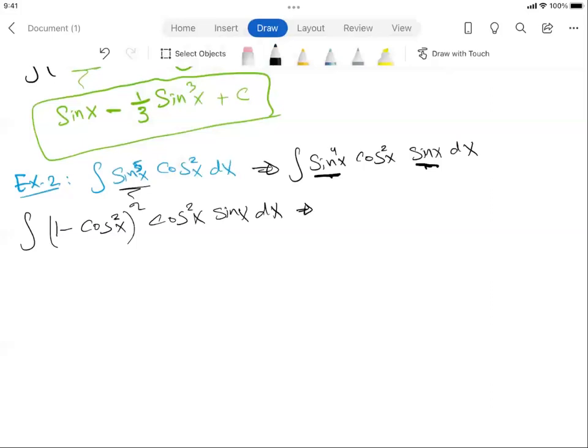Now I'll apply the binomial expansion to the first term. Then it will become 1 minus 2 cosine square of x plus cosine to the 4th of x. And outside I have cosine square of x sine of x dx.